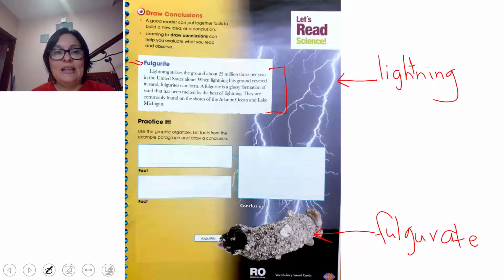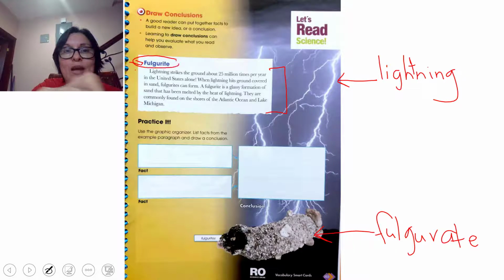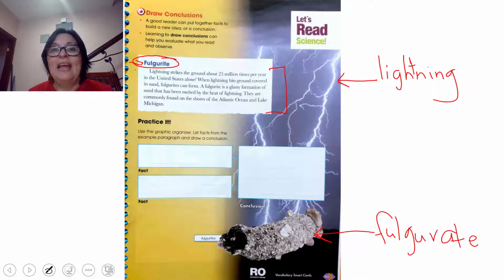So let's practice. It says, use the graphic organizer and list facts from the example paragraph and draw a conclusion. If you need to read again the paragraph that we have in here, fulgurite, read it again. And I want you to give me one fact from the reading.